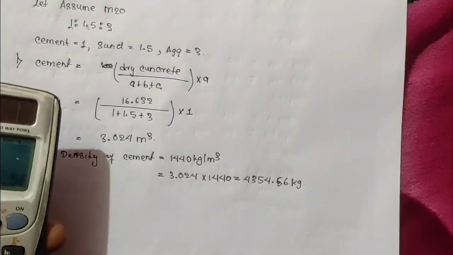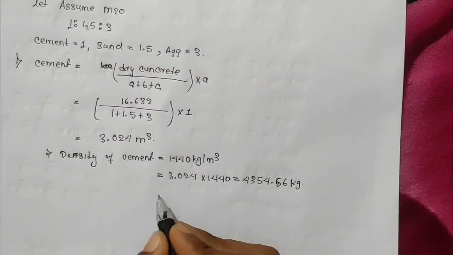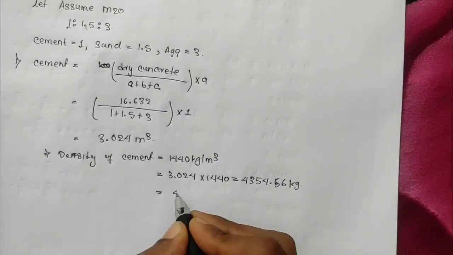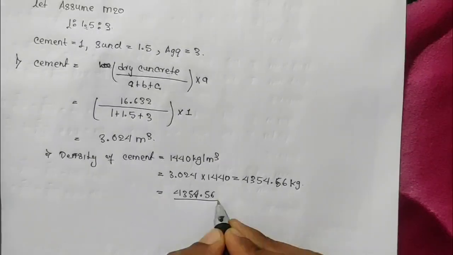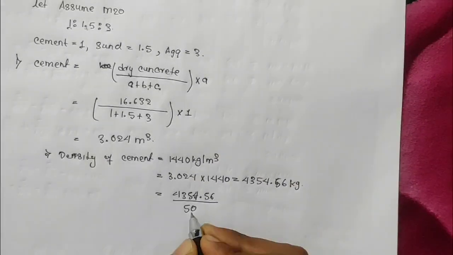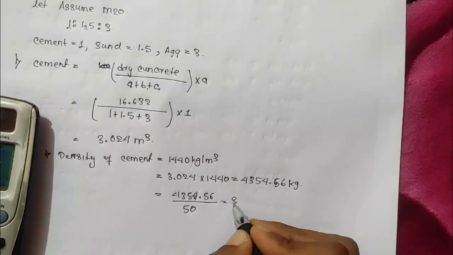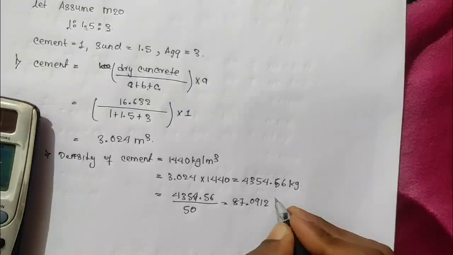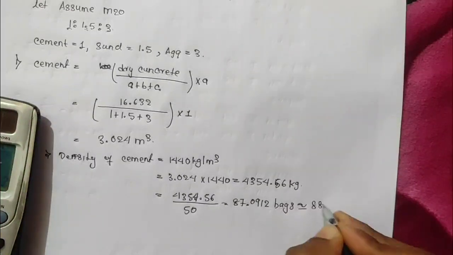So we divide by 50 to convert kg to bags. 4354.56 divided by 50 gives 87.0912 bags. It's approximately 88 bags.